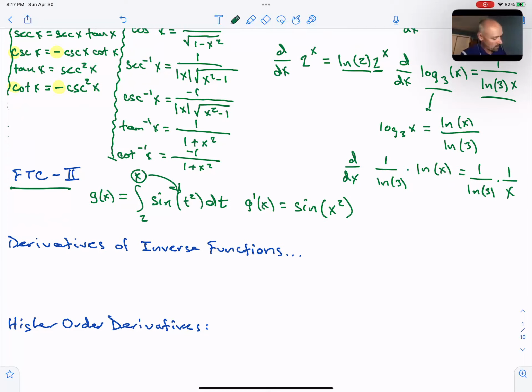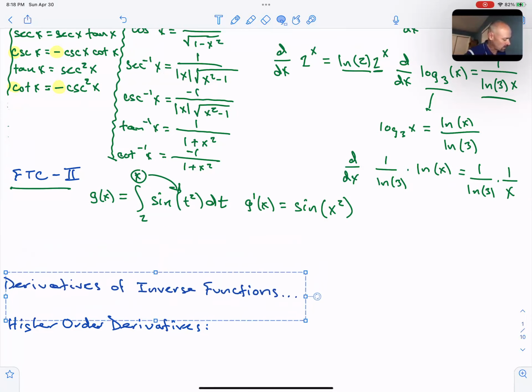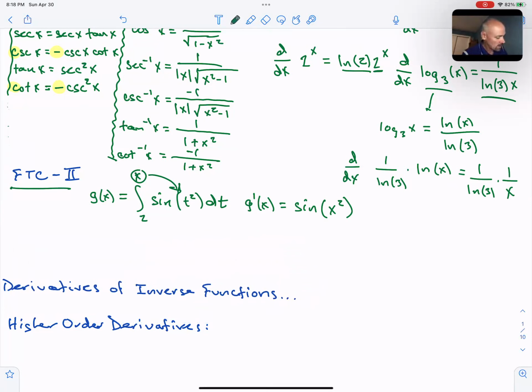Now, we have to remember that we might have a situation that's a little bit more complex, and let's say that we have h of x equal to the definite integral from 3 to 4x squared, our upper bound, of, let's say, the natural log of t dt.